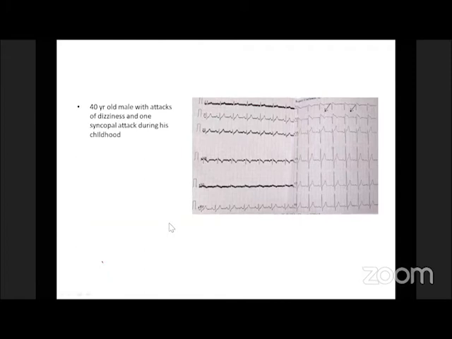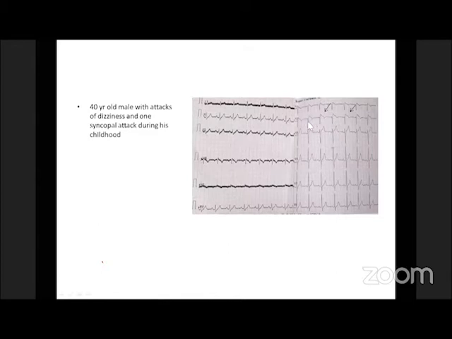Another cause of ST segment elevation: a 40-year-old male with attacks of dizziness and one syncopal attack during his childhood. Looking at this ECG, there is localized ST segment elevation in V1, V2, and it is coved-shaped.